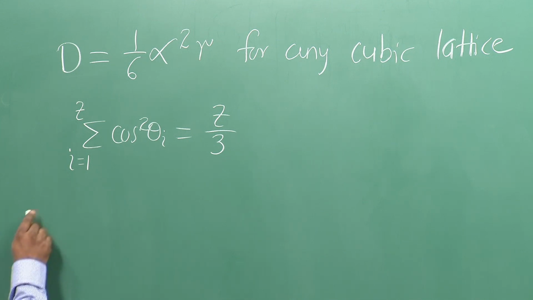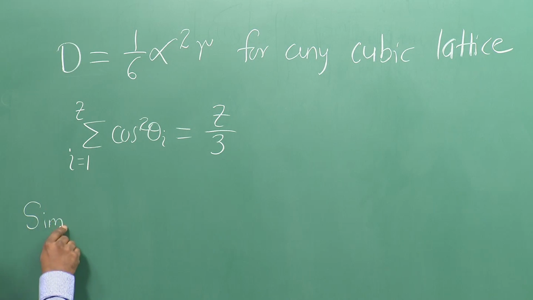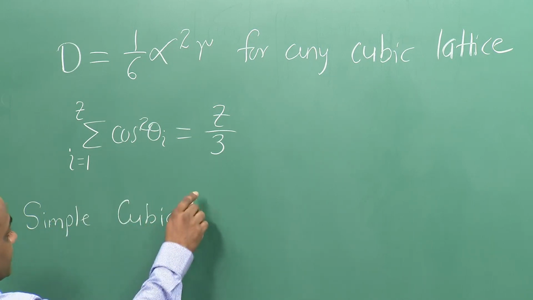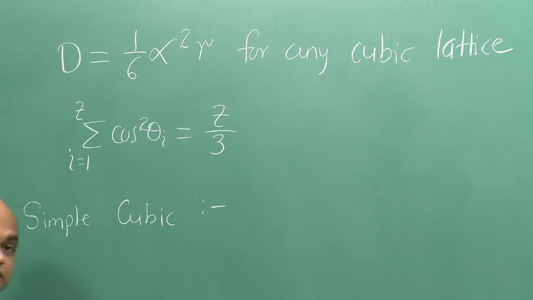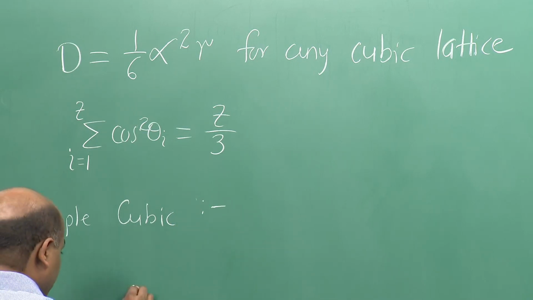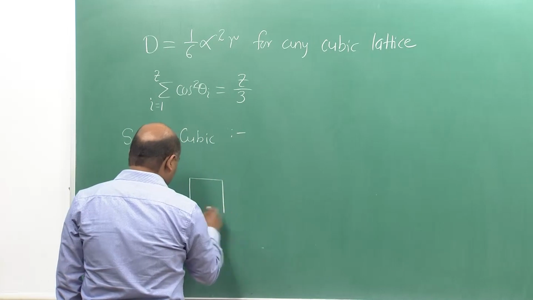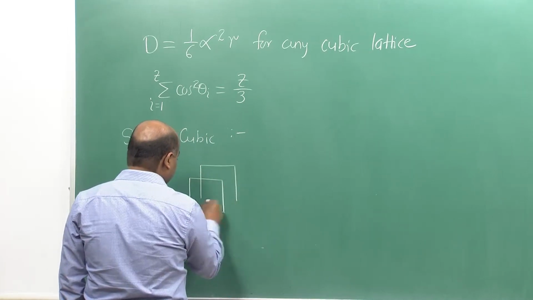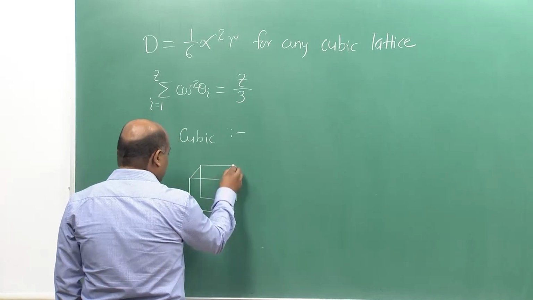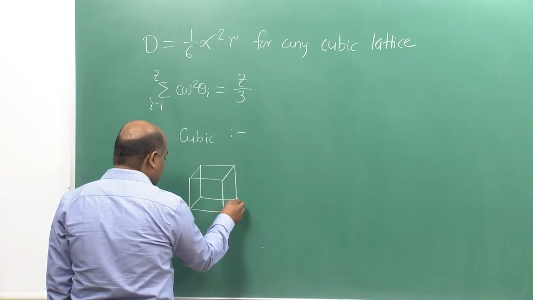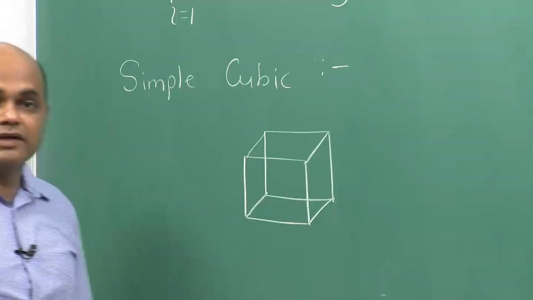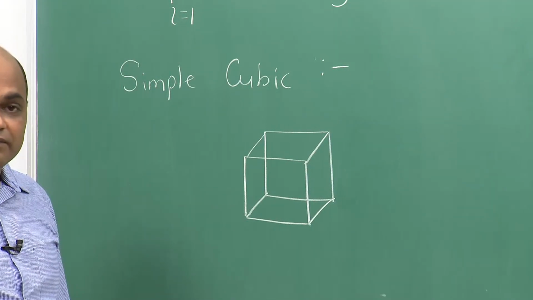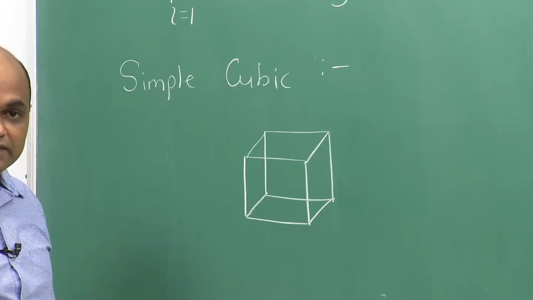If we consider simple cubic, what is the coordination number? The coordination number is 6, which means any atom has 6 nearest neighbors, or 6 possible sites onto which it can jump.